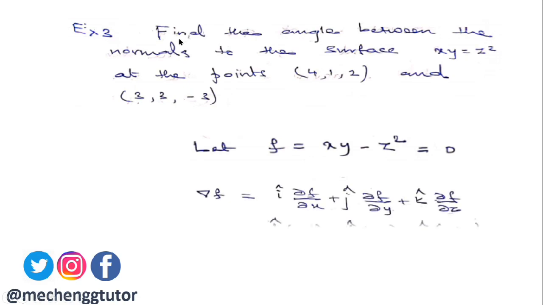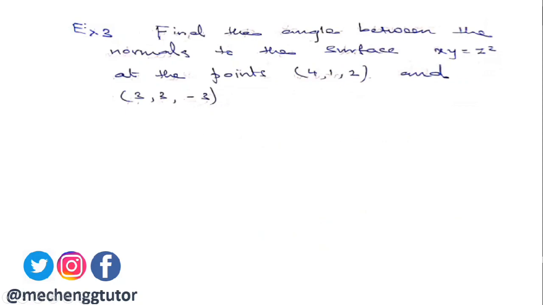Let f be the given surface xy minus z square is equal to 0. Del f formula: i dou f upon dou x plus j dou f upon dou y plus k dou f upon dou z. So that's equal to i cap into dou f upon dou x is y, j dou f upon dou y is x, plus k, it is minus 2z. Now you have to calculate this del f at these 2 points separately.